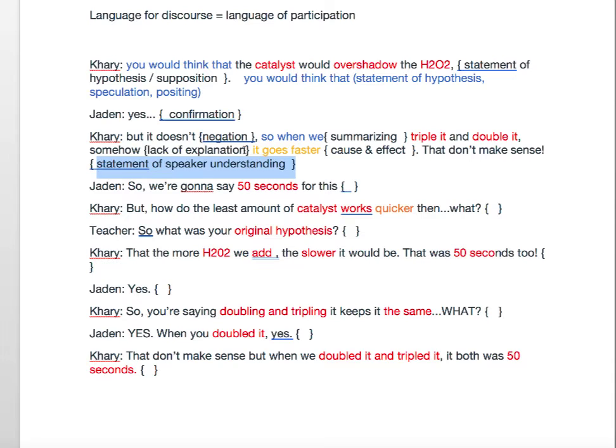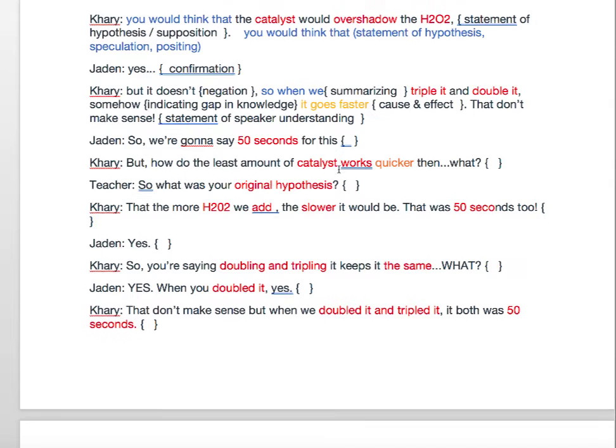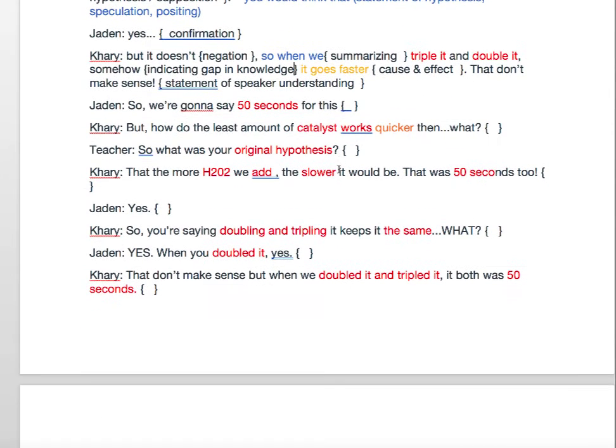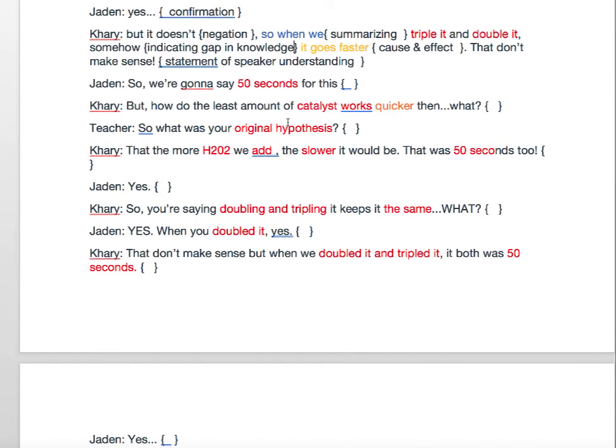It's a flagging, maybe we'll call it, indicating a gap in knowledge. It goes faster, and overall these two parts of the sentence are a cause and effect. I'm going to try not to dive quite so deeply because I'd imagine I'll put you guys to sleep, but I just wanted to show you how deeply we can go.